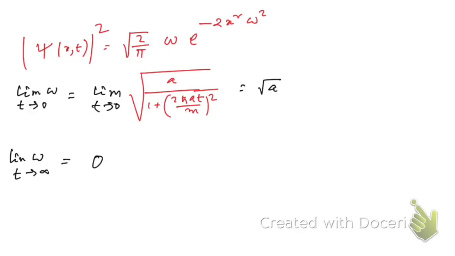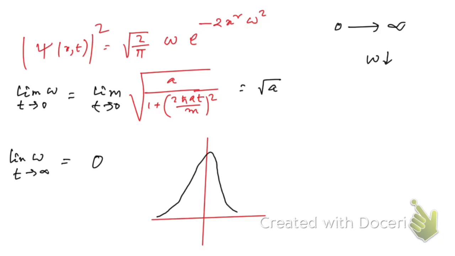Now you see, as time goes on from 0 to infinity, this value w decreases, right? If w decreases, then this value will also decrease. Then what kind of graph are we gonna have? Let me draw this. For t equal to 0, we get this graph, that is the square of mod of psi.